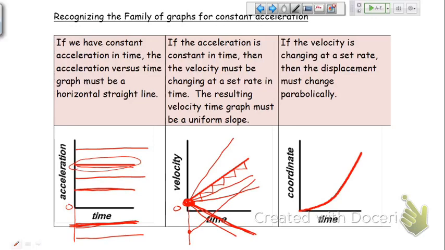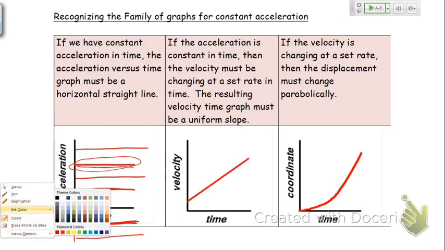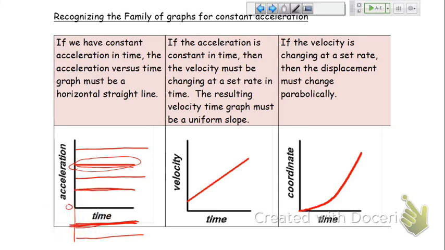Now I've got to clean up a little bit. Now, for any given velocity versus time graph, if I want to know how my displacement is going, well, I'm adding on a little bit of displacement during the first second.